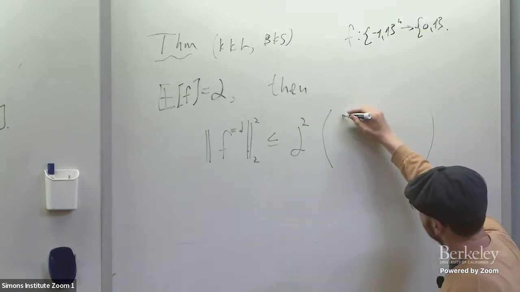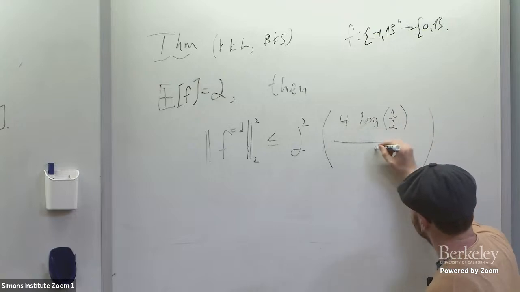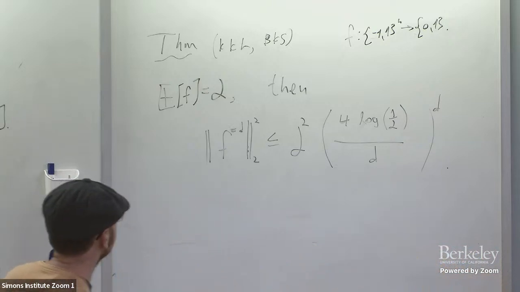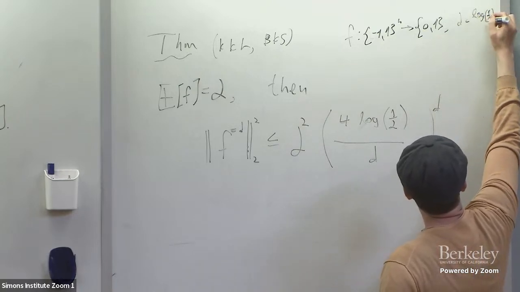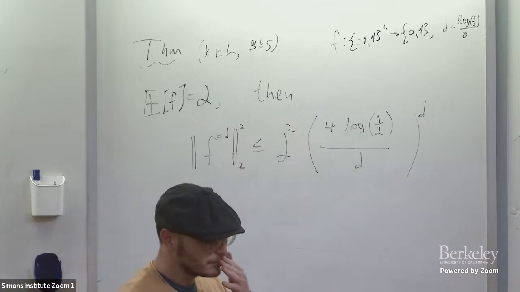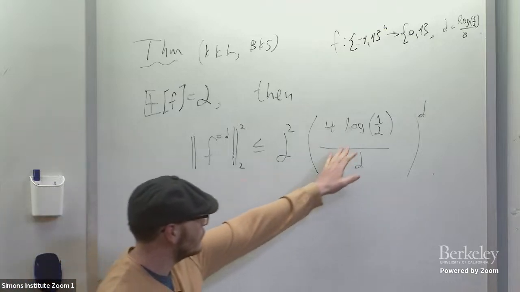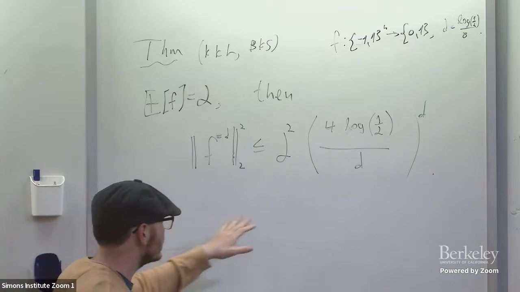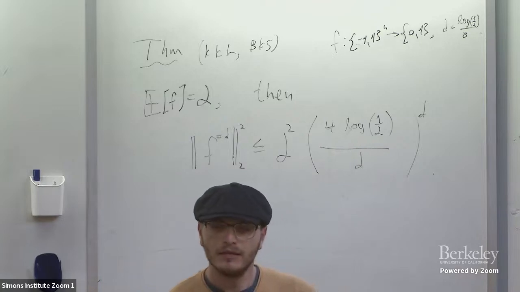So you have something like (log of 1 over alpha divided by d) to the d. And we need d to be at most log 1 over alpha divided by 8. So roughly alpha squared with these extra polylogarithmic factors, at least when d is constant, and the statement is effective up to log 1 over alpha. And that's sort of why in KKL, the theorem goes up to log n.